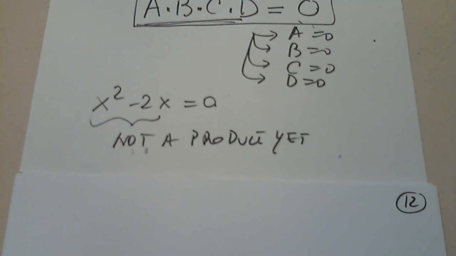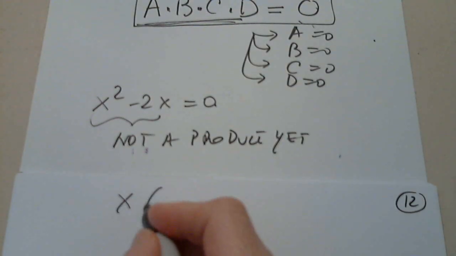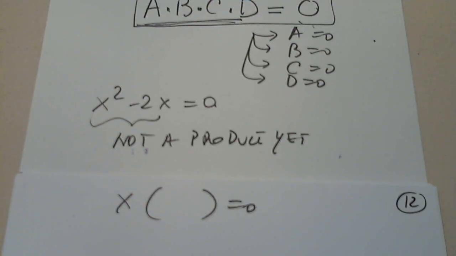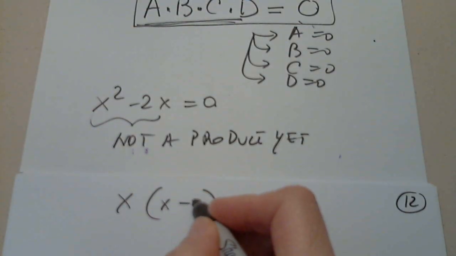The greatest common factor that needs to be pulled out, please. X. Indeed. What is left in parentheses? We started with the 2 terms. We need 2 terms in parentheses. X minus 2. X minus 2.